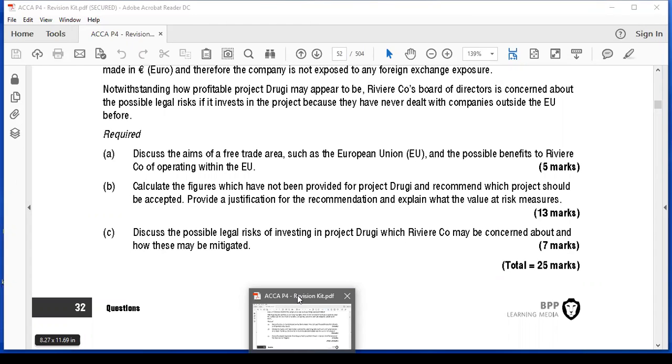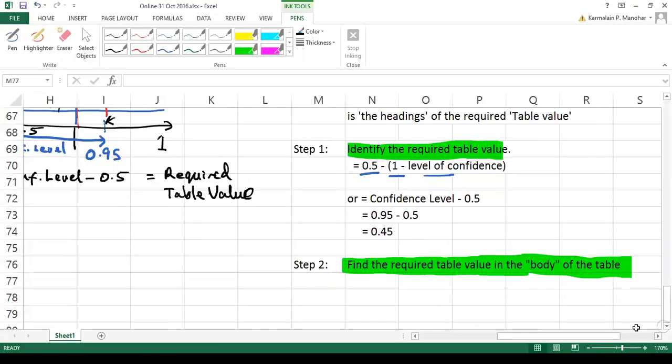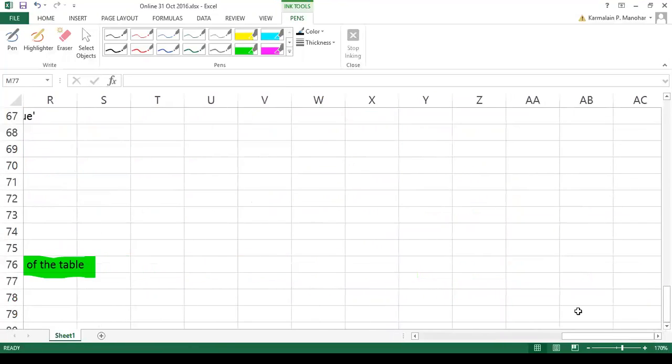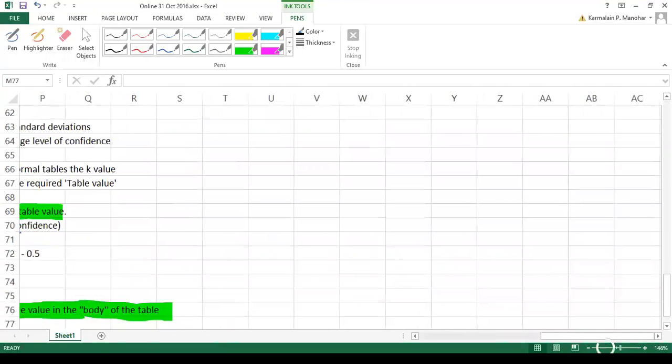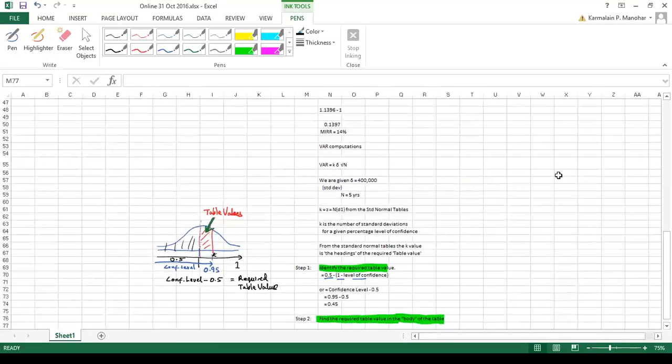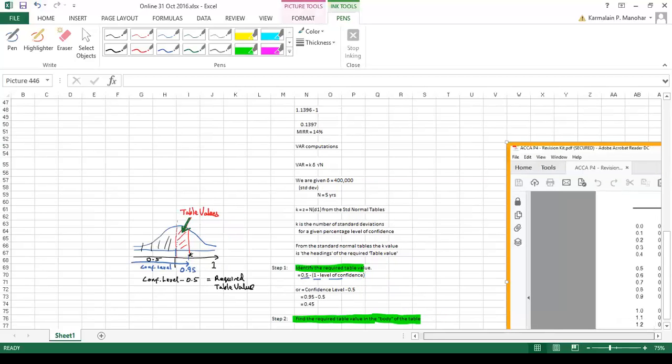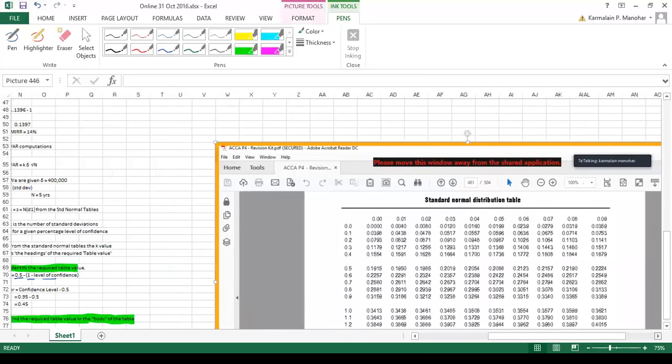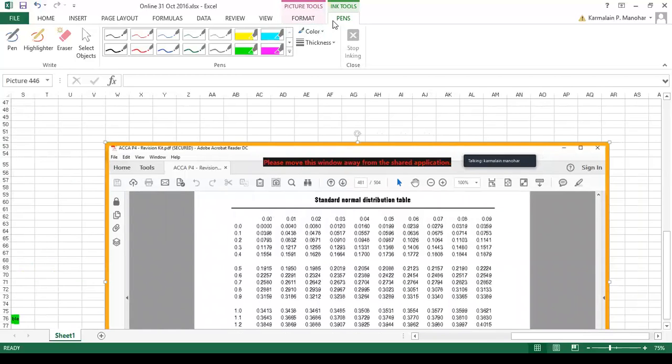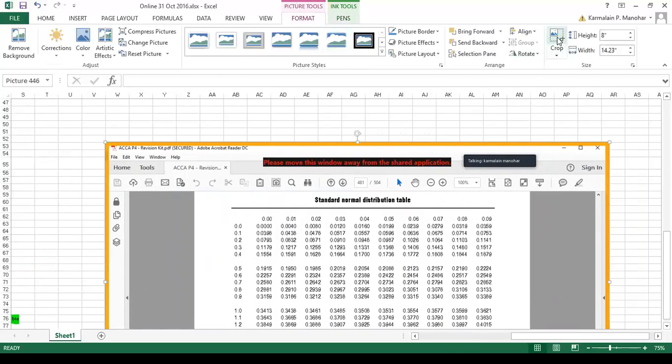1.6. Need to go down to 1.6. There we go. Picture of that. Come back here, drop this in here, and make it smaller for a bit. Put it so that I only have what I need.